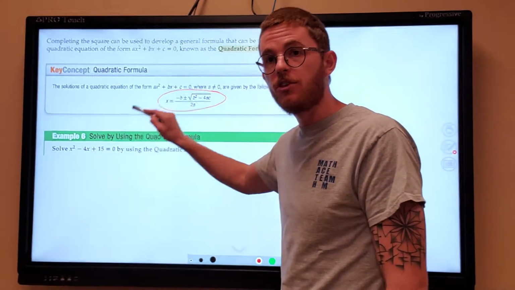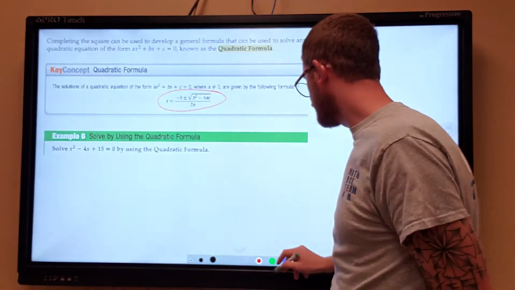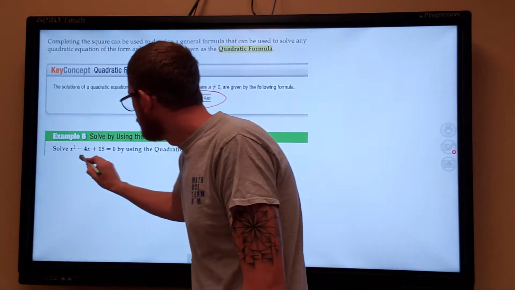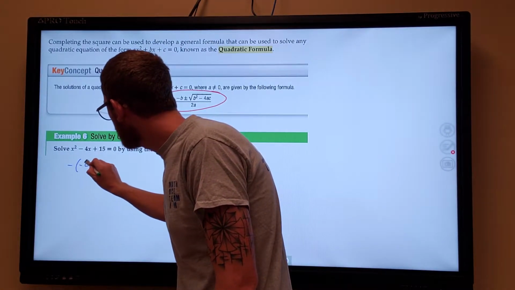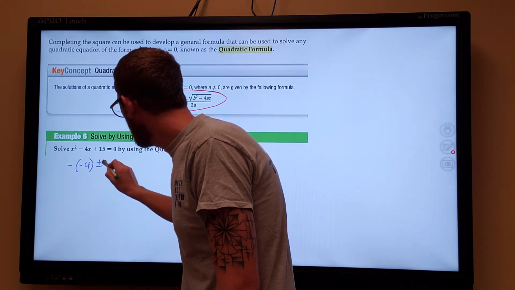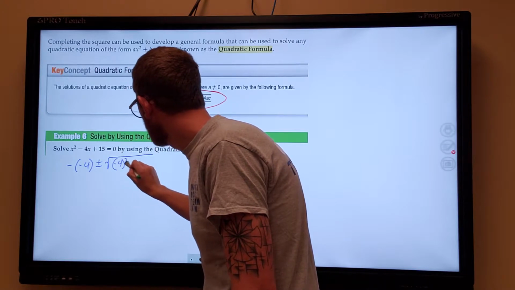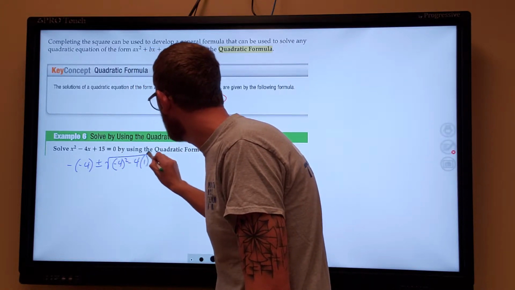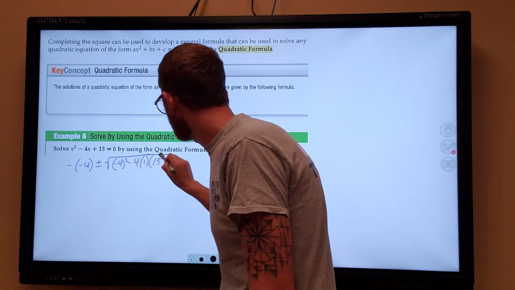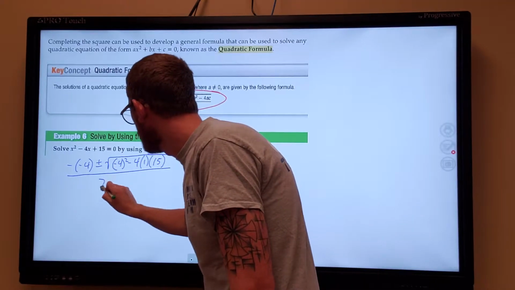Once it's set equal to 0, we can plug in our a, b, and c. It's negative b, so a negative negative 4, plus and minus the square root of b squared minus 4 times a times c, all over 2a.